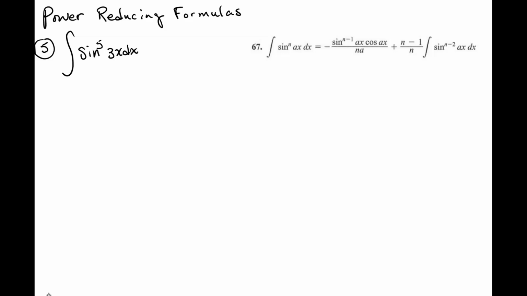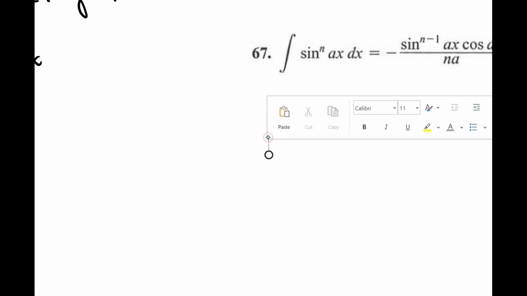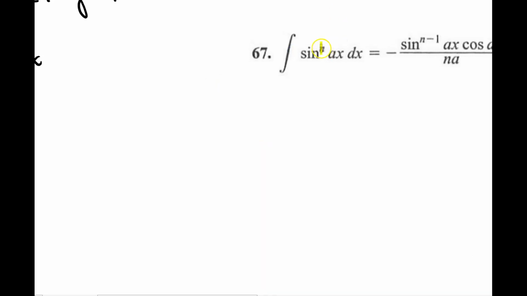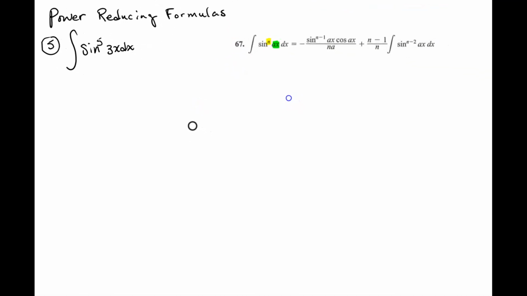If we look at a table of integrals, we're looking at table value number 67 here. I see sine to the n, and I'm going to highlight the n, and ax. Let's see how that corresponds to our problem here on number 5.